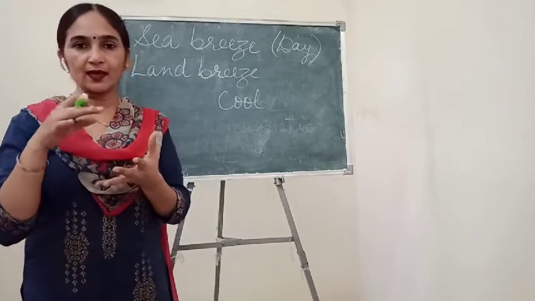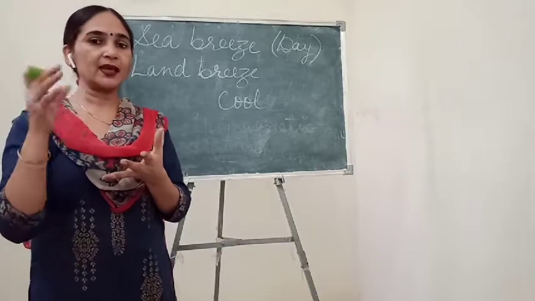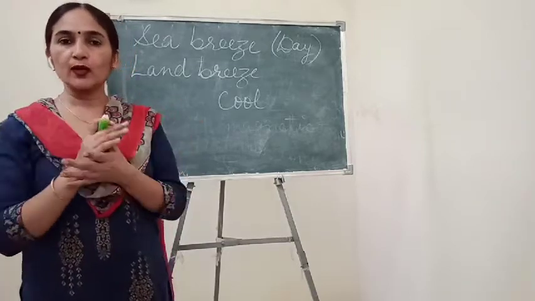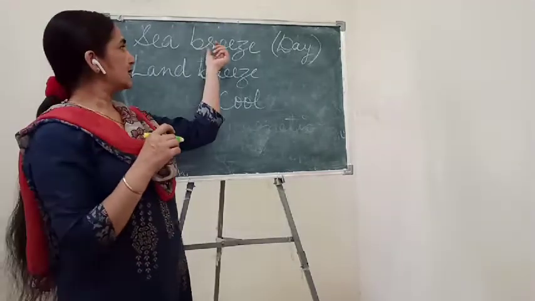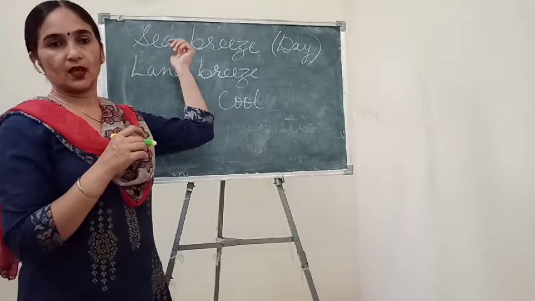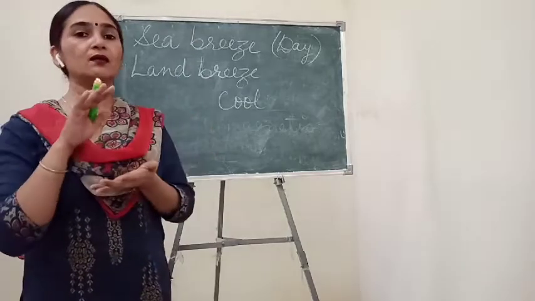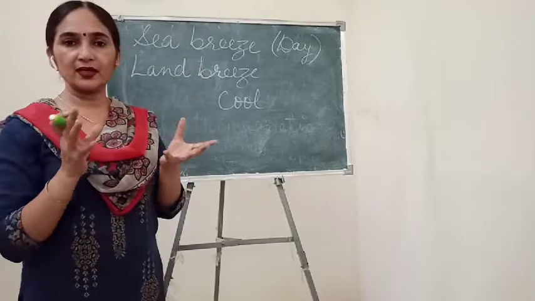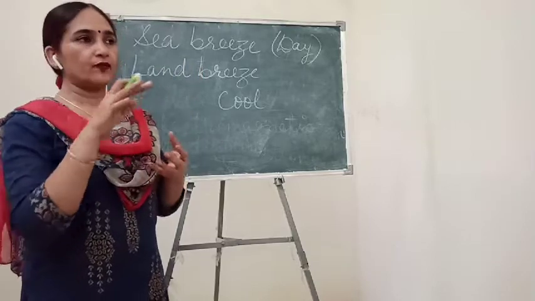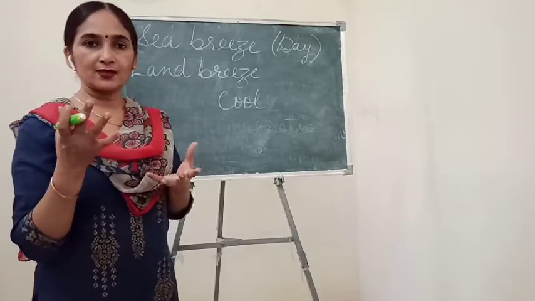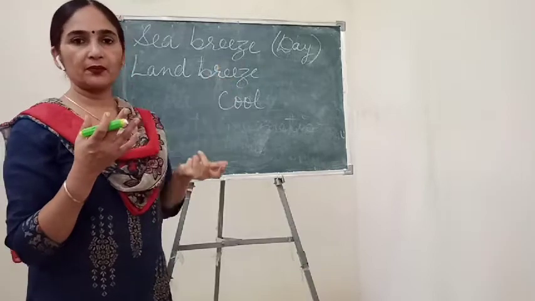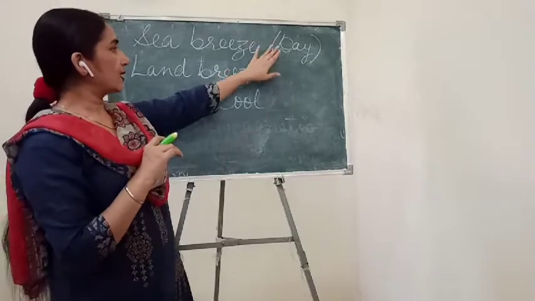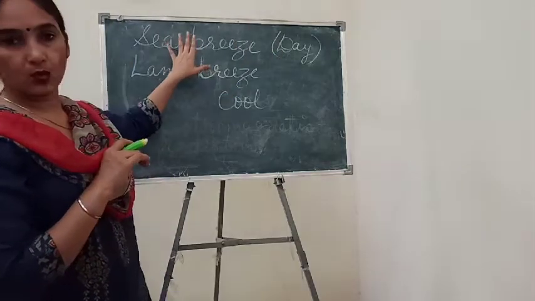So what will take the place of hot air? Cool air. So from where does that cool air come? From the sea area. Here we are talking about the coastal areas, how sea breeze and land breeze work. But if any water body is nearby, in the same way that breeze also blows. So during daytime, what will happen in the coastal areas?